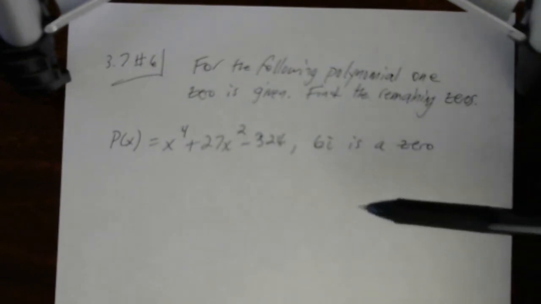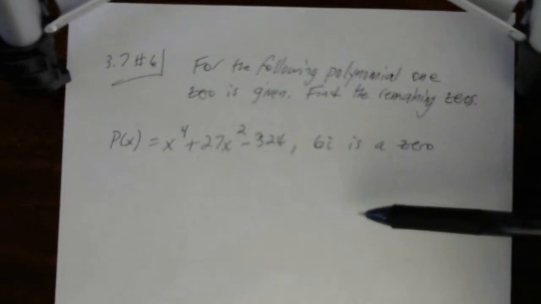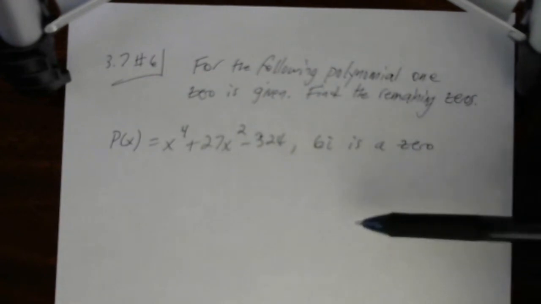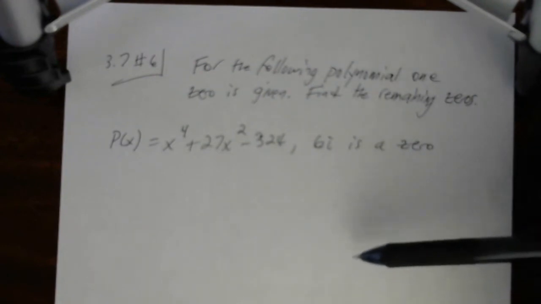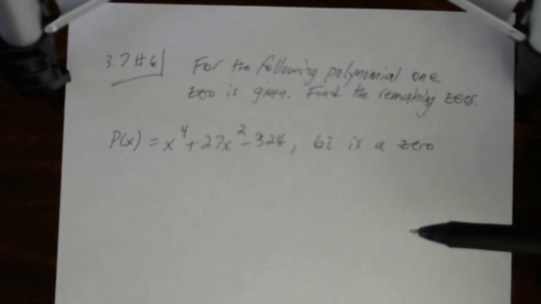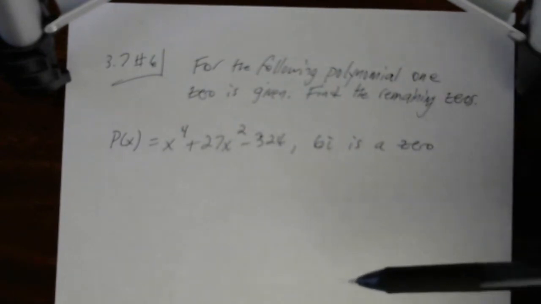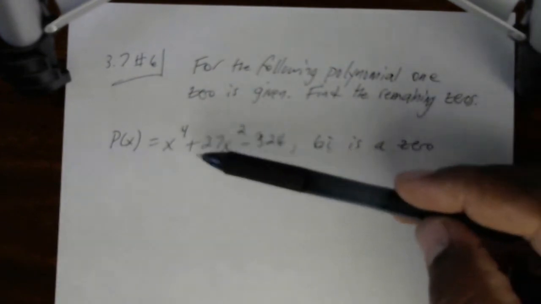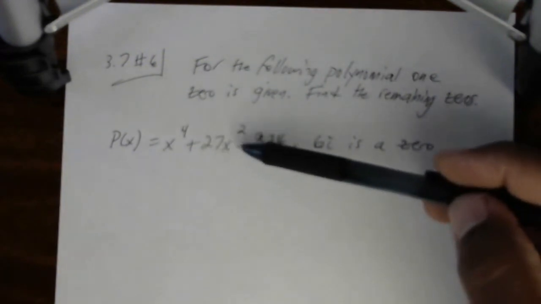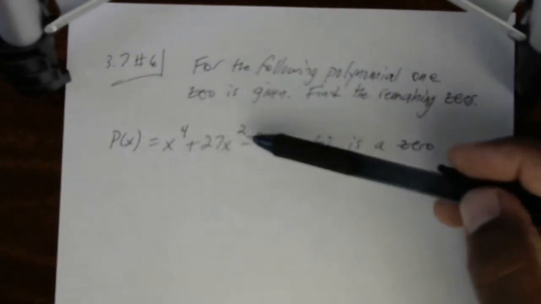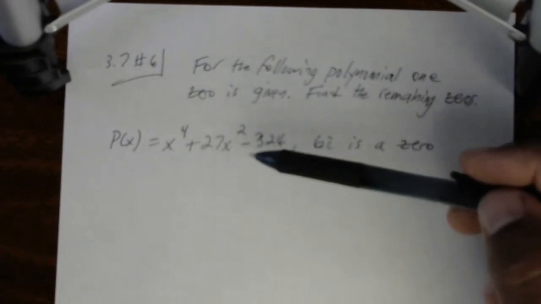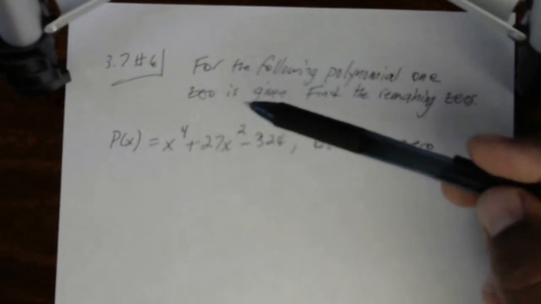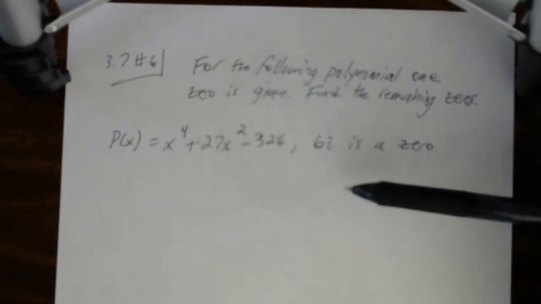We will take those two zeros, convert to linear factors, multiply them together, and that would give us a quadratic equation. Then we're going to take that quadratic equation and divide using long division. We're going to take the quotient, and we're going to solve it to find the remaining zeros.